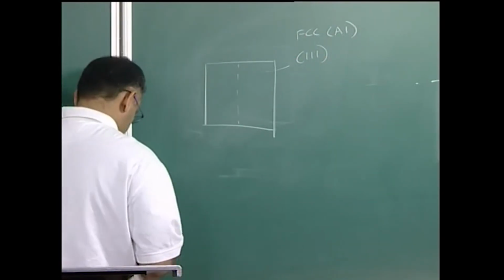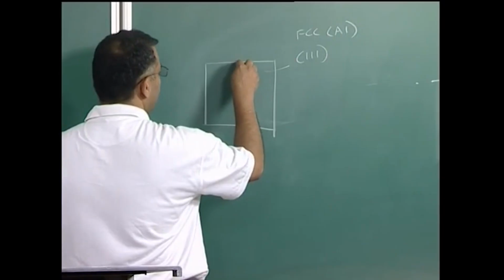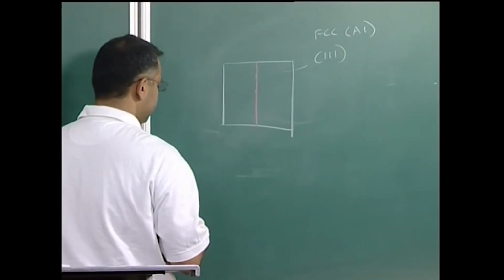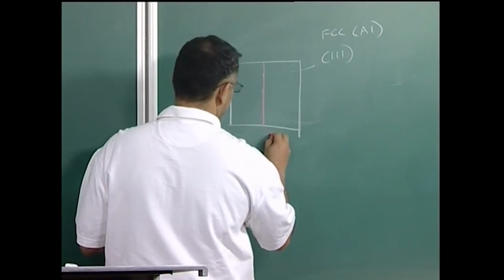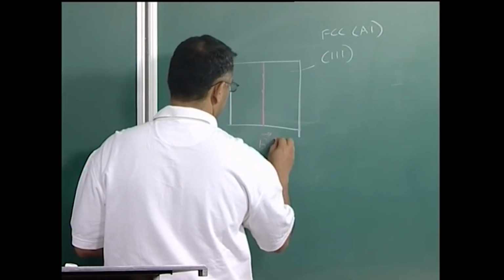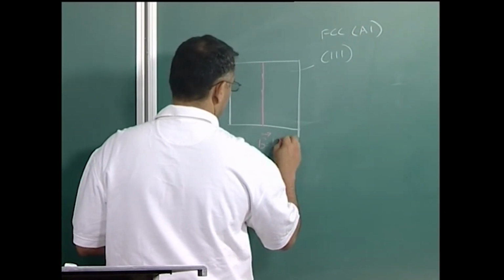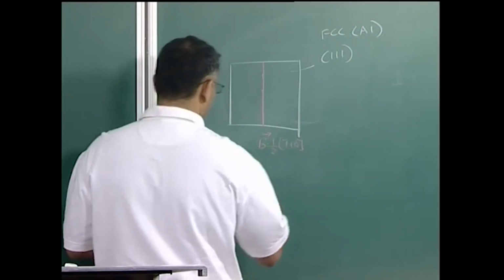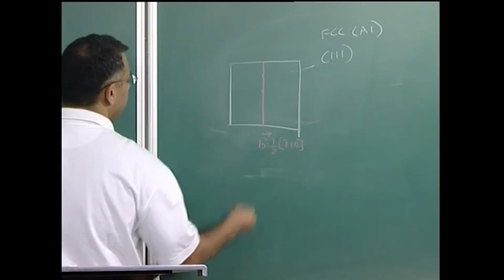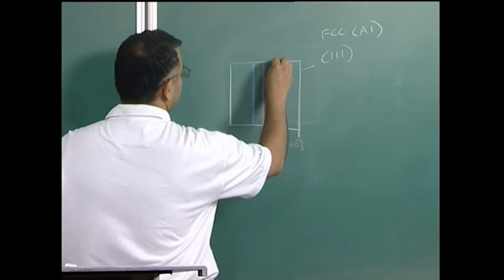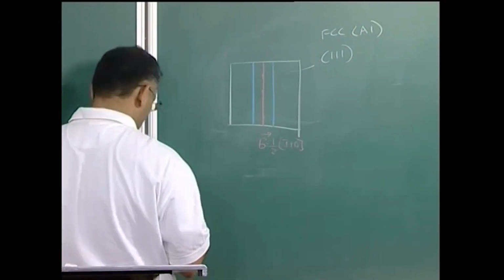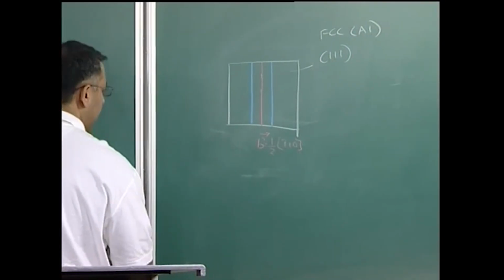Now, this dislocation, instead of remaining like a full dislocation with a Burgers vector like this, would tend to split into partials, and the region between the two partials would be my stacking fault.